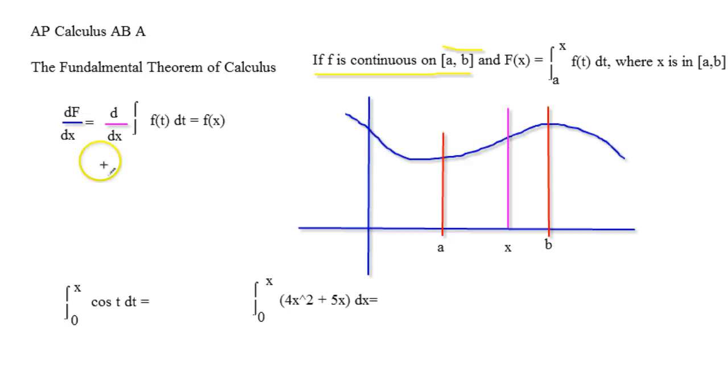And all of this continues over here, and it's saying, if I take the derivative of both sides, then I find out that if I take the derivative of an antiderivative, I get the actual function. So it connects them.